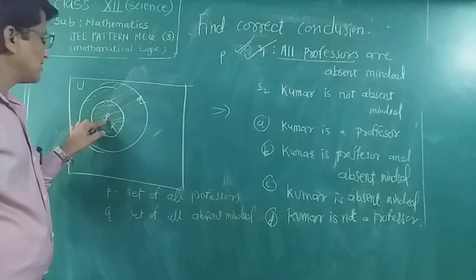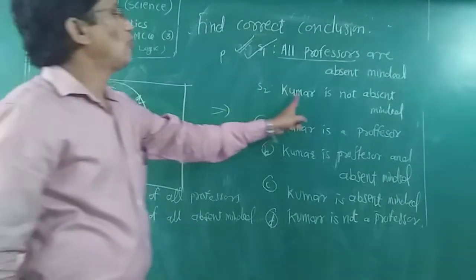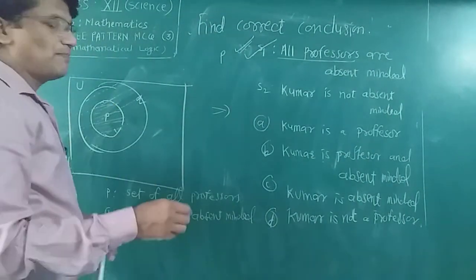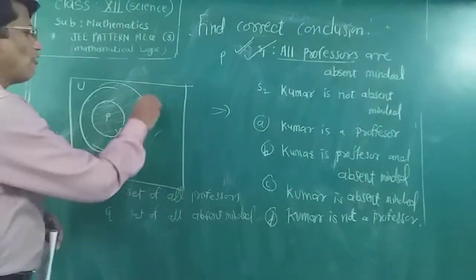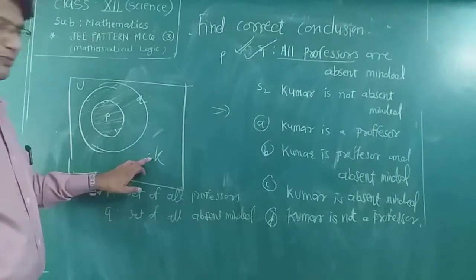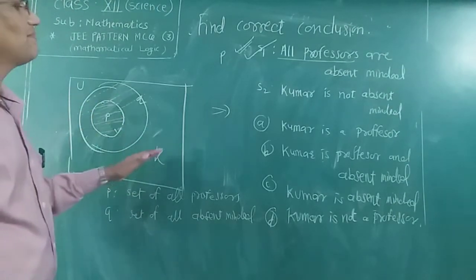Kumar is a professor and also absent-minded, but it is given that Kumar is not absent-minded, so the proper position of Kumar should be outside the big bracket. So I am taking it here. This is the position of Kumar. Kumar is not a professor and also not absent-minded.